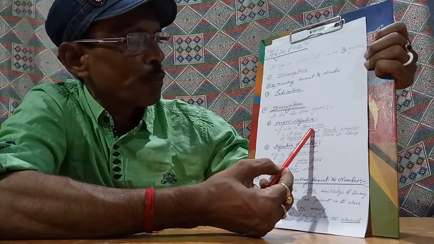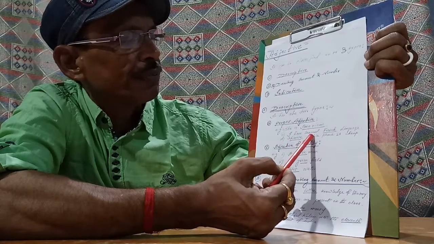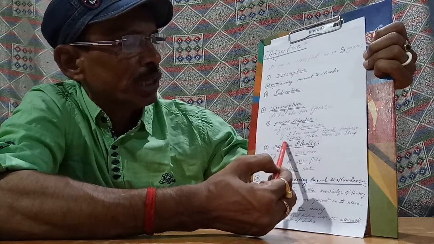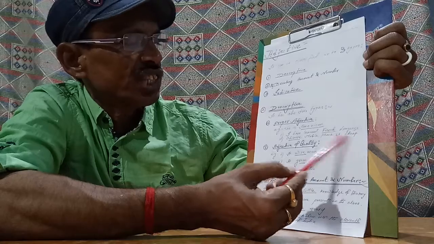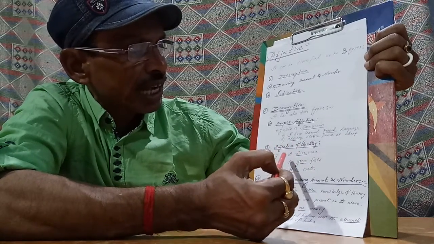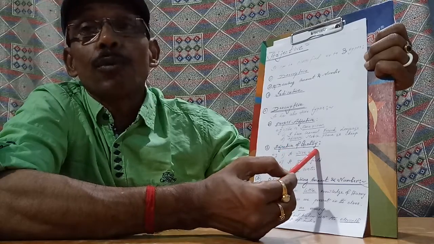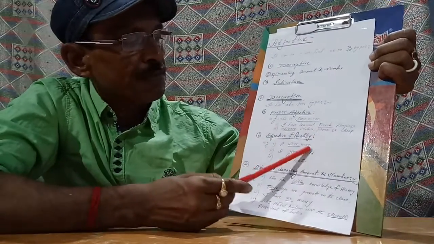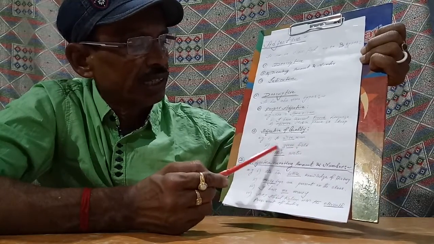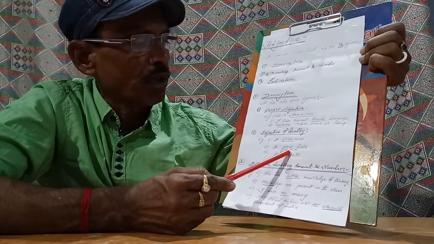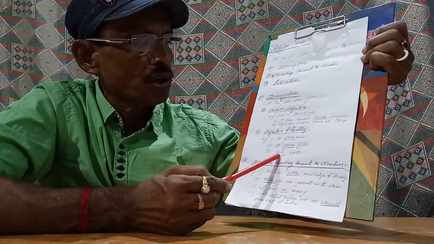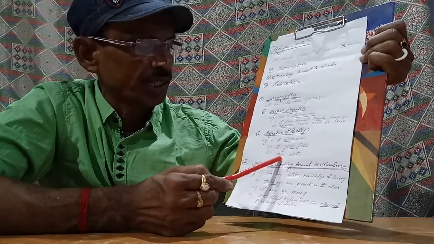American is proper adjective. I have learned French language. French is proper adjective. Chinese mobile phone is cheap. Chinese is proper adjective. Now see the example of adjective of quality. A wise man, wise is adjective of quality. A green field, green is adjective of quality. Third, hot water, hot is adjective of quality.